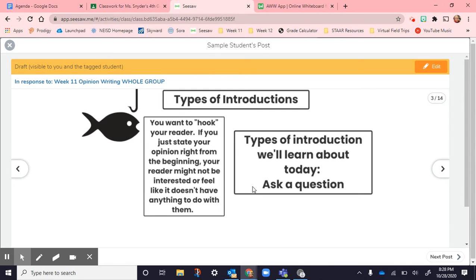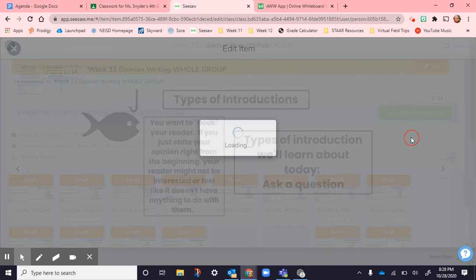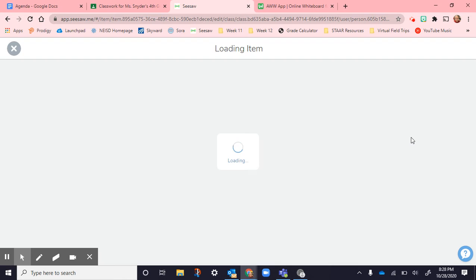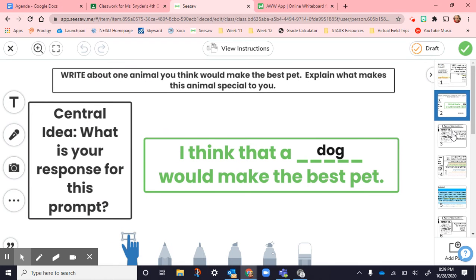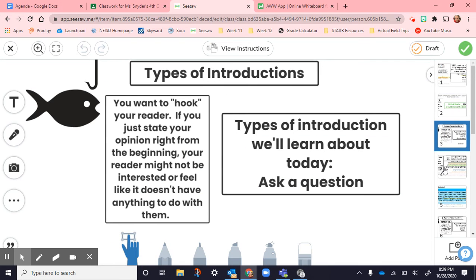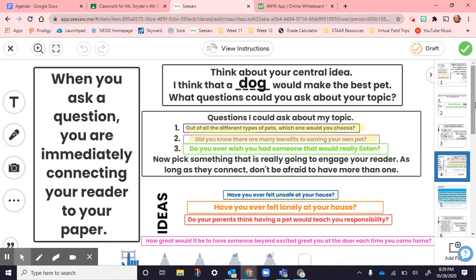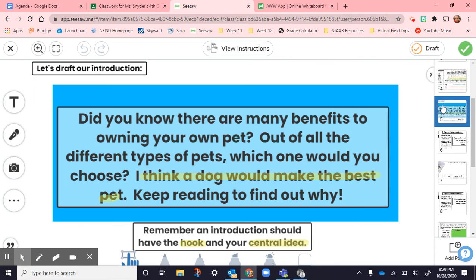And the first thing we talked about was one way that we could do that is by asking a question. So let me edit this. All right, so then we picked our question that we wanted to use, and we pieced everything together.